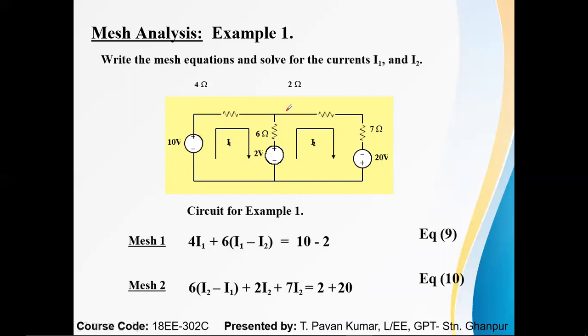so let me read the question. Let me see the problem. Here the 10 volts and 20 volts, and here the 4 ohms resistor. This is 4, this is 2.